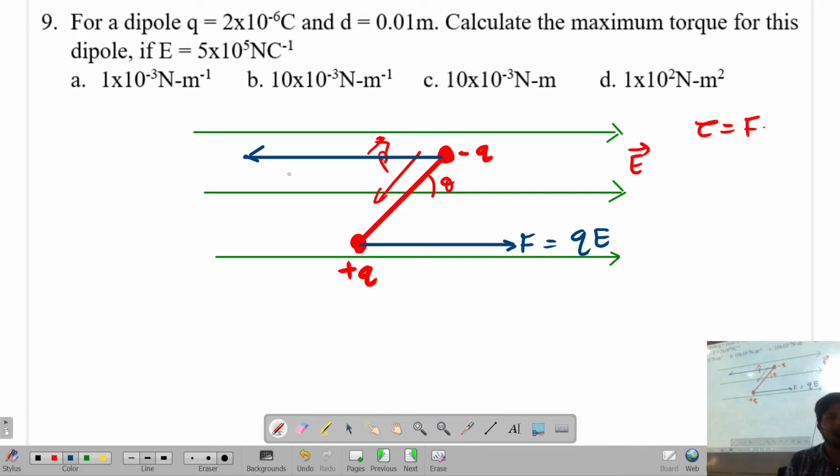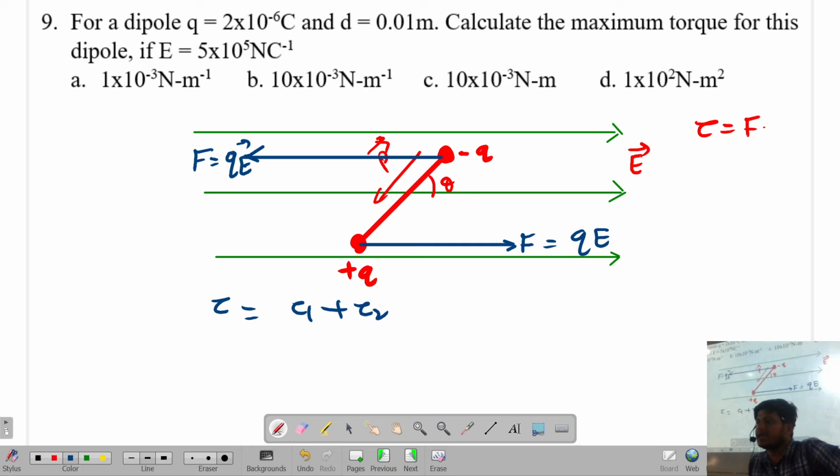Q into electric field E. This force is how much? Q into electric field E. Got it or not? Why it didn't have minus? Because already I have taken the direction. What is the rule? Torque here will be how much? Tau will be tau 1 plus tau 2. Two forces are acting at the radial distance at angle theta or not. So therefore definitely torque will be there.